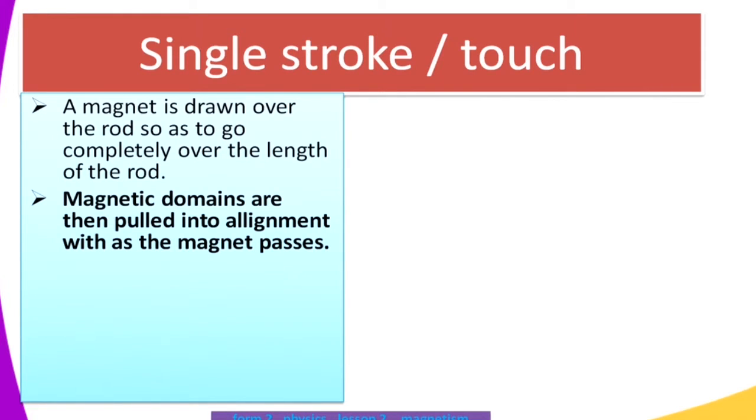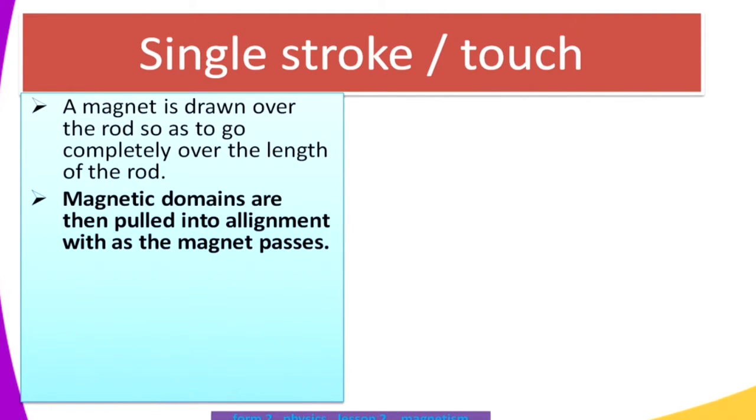This means that as you continue passing the magnet on a magnetic material, we have regions called magnetic domains. These regions consist of small submagnetic materials called dipoles. So the dipoles get aligned in one direction. This term, alignment, means that all the dipoles are going to face in one direction. And once the dipoles get aligned or face in a specific direction, particularly north-south, then the material becomes a magnetic material. That's what we mean by this point.